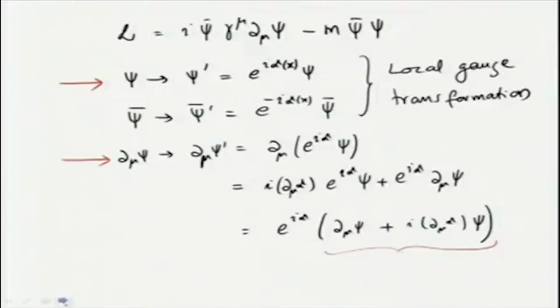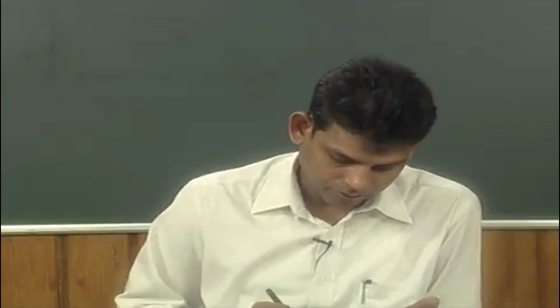Now, how do you make this derivative transform in the same fashion is what we want to understand. For that, we define a new kind of derivative which is defined as the ordinary derivative plus e times a vector quantity a mu.